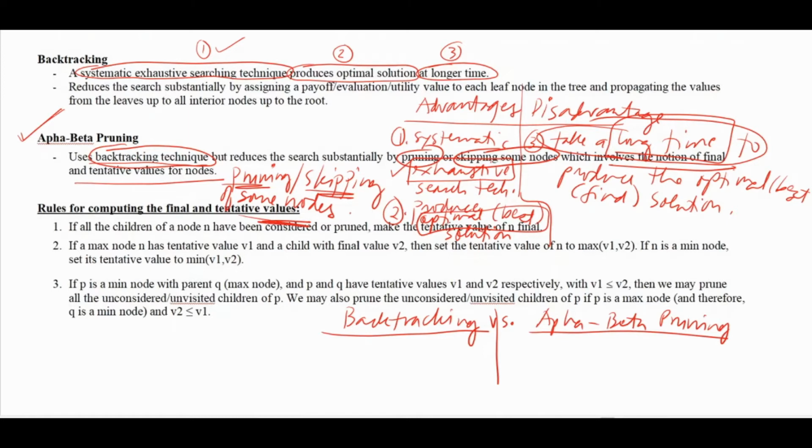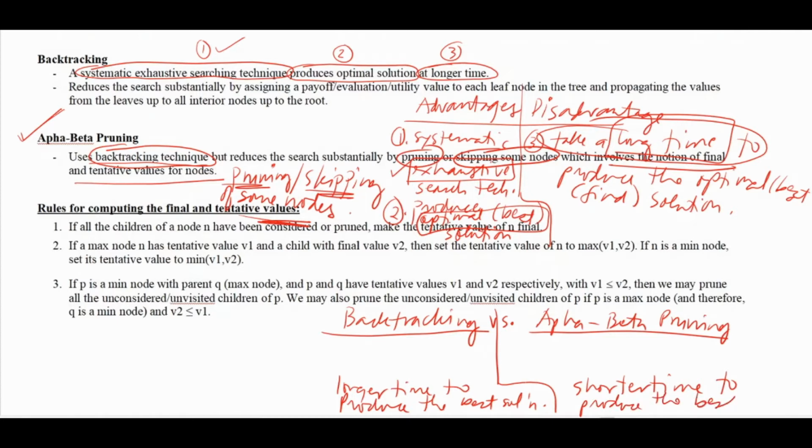So here it is a longer time to produce the best solution, while in here, a shorter time to produce the best or optimal solution.